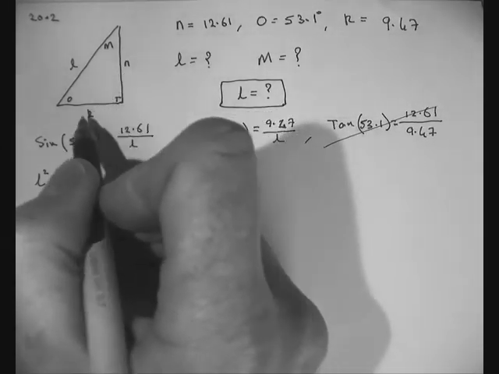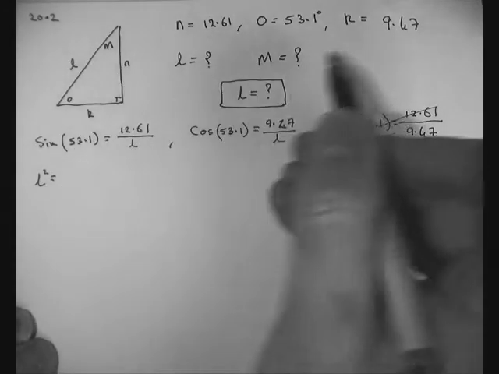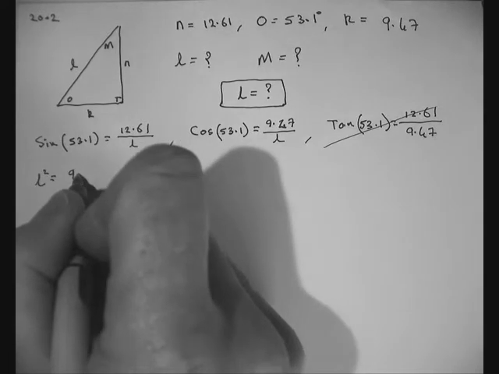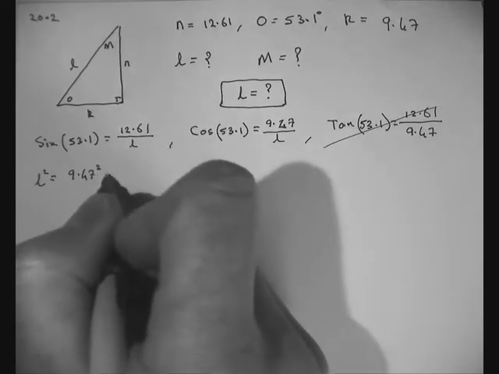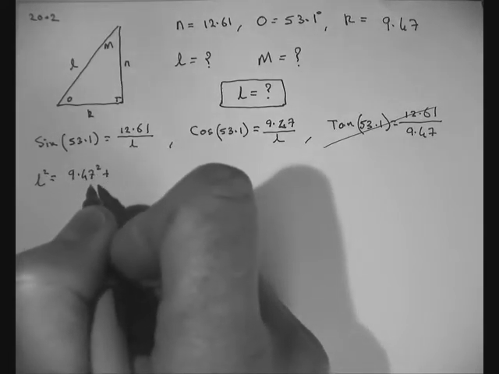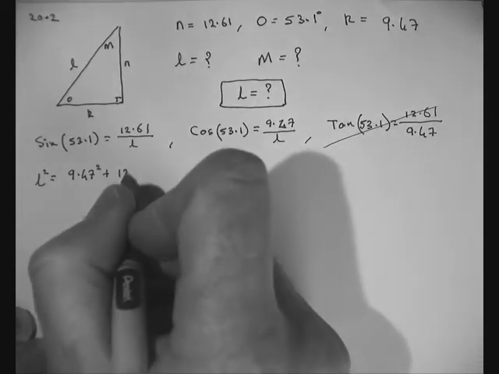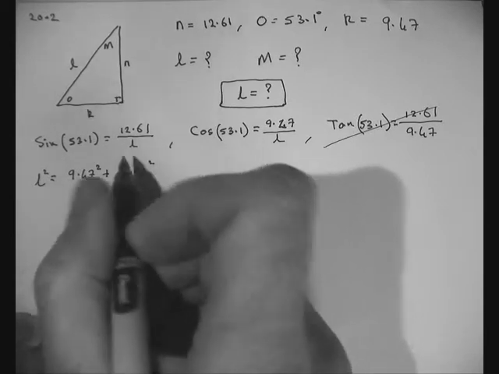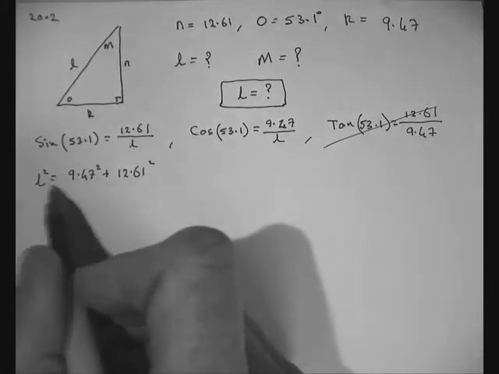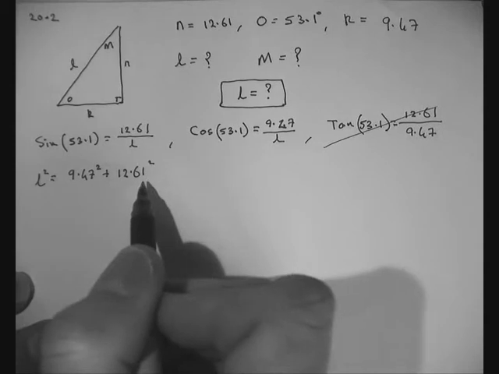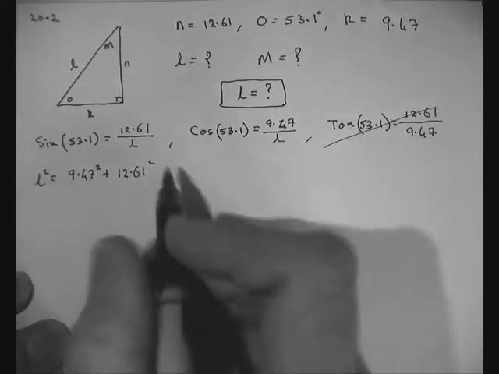We know what K is. K is 9.47. So we square that, plus the other side. The other side, N, is 12.61. And we square that. This looks promising. It's an equation in one unknown, and we can solve that for that one unknown.